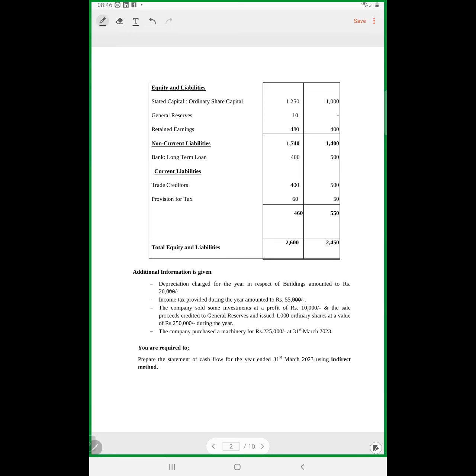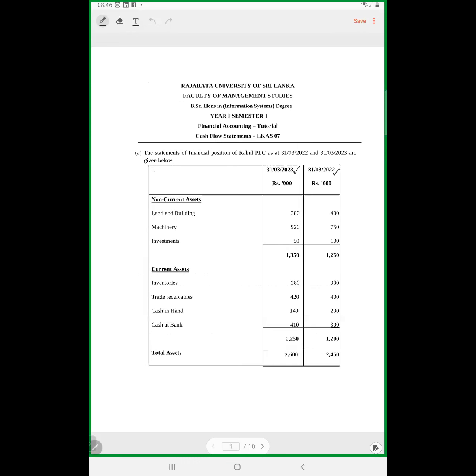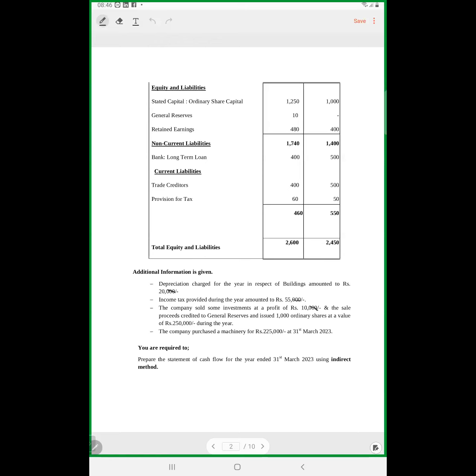Then the company has sold some investment at a profit of rupees 10,000. The sales proceeds were credited to general reserve, and the company issued 1,000 ordinary shares at a value of rupees 250,000.